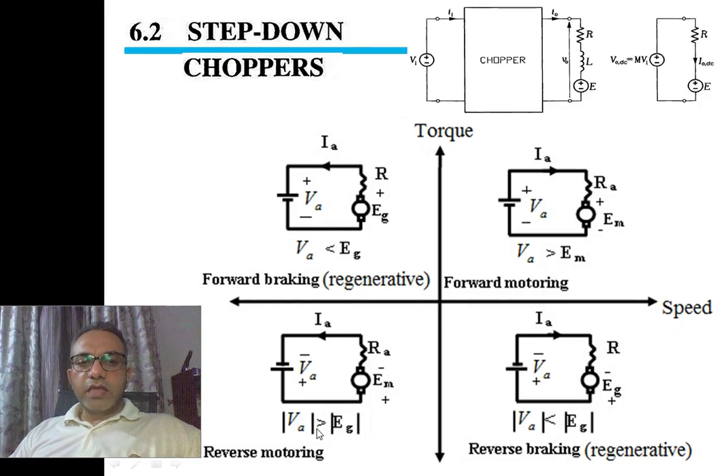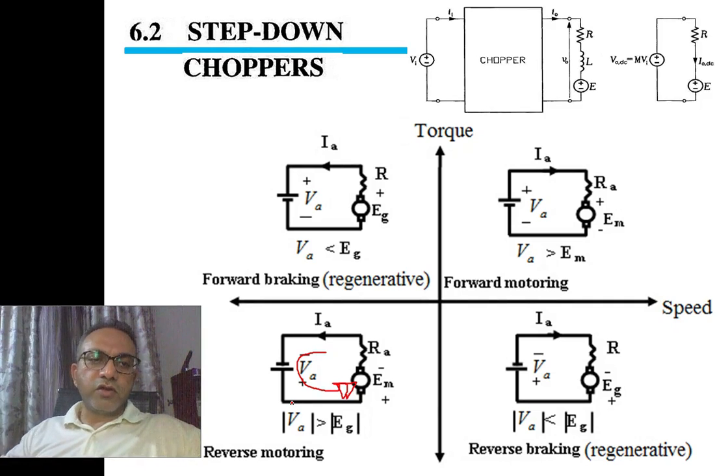However, in this case, current flows from the power supply to the back EMF, to the motor. This current IA looks as if it is flowing from the motor to the load, but we must understand that the conventional current will flow in this direction, so current is now being fed to the motor.